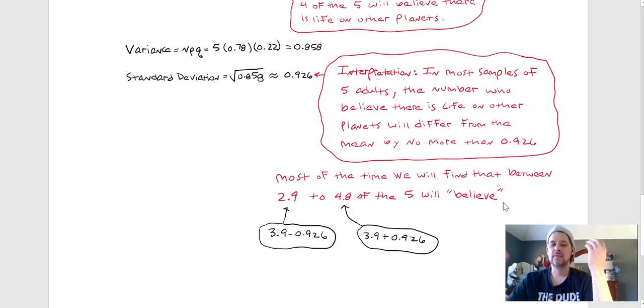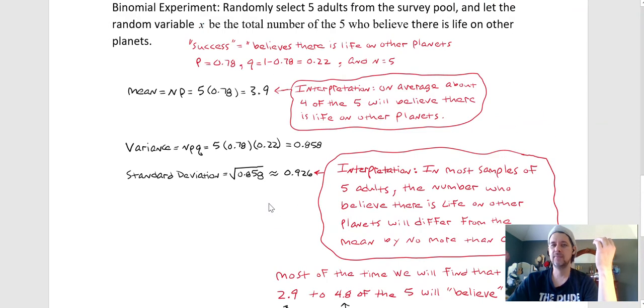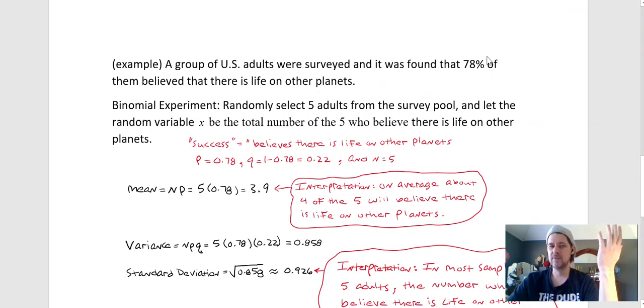So let's do it like this. If I say most of the time, we do this experiment, we get these 5 people and we ask them one at a time if they believe there's life on other planets or not. Most of the time we'll find that between 2.9 to 4.8 of the 5 will believe this. It'll be very rare that we find only 1 or 2, because 78% of people feel this way.